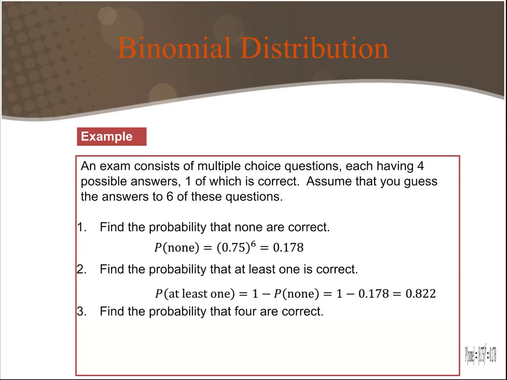Okay, I want to go through an example that ties in the last lesson to this current lesson. So let's say that an exam consists of multiple choice questions, and they each have 4 possible answers, one of which is correct. Assuming that you guess on 6 of these questions.